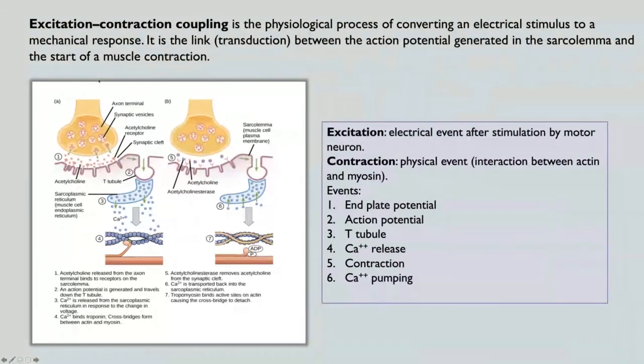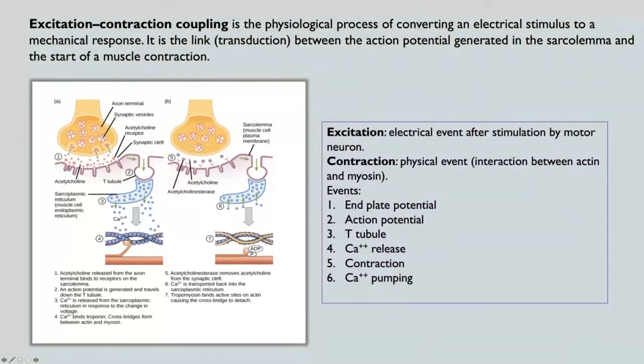We have here this neuron and the motor end plate of the muscle, this neuromuscular junction. Remember, we have in the axon terminal the neurotransmitters in these vesicles. This could be, for example, acetylcholine.